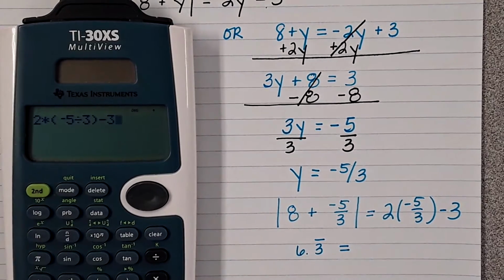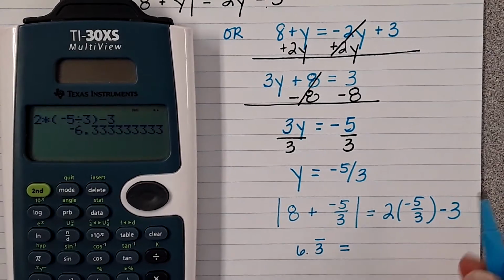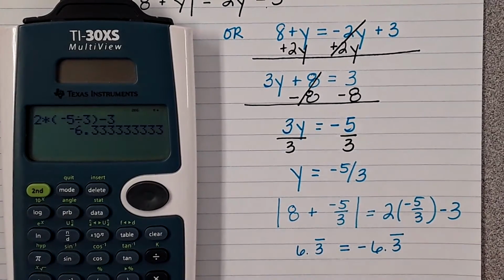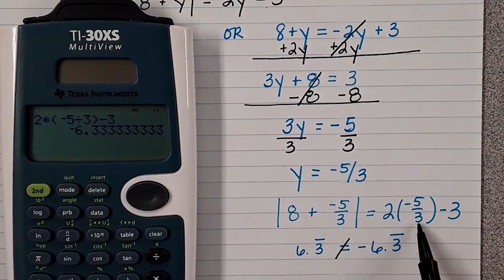You can do this in your calculator. This side equals negative 6.3 repeating. Does positive 6.3 repeating equal negative 6.3 repeating? Does a positive equal a negative? I already took the absolute value; there is no absolute value on this side. So is that a true statement?